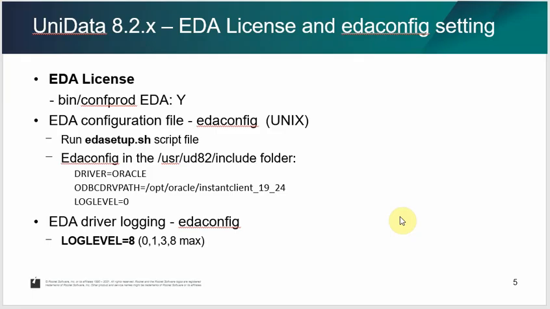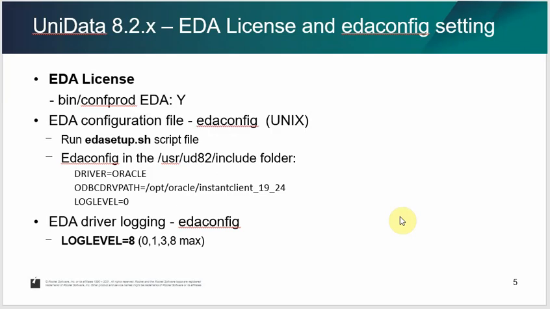You also need to create the EDA config file. There is a script file called EDA setup.sh. After you run the script and answer a couple of questions, you can set up the file called the EDA config file.